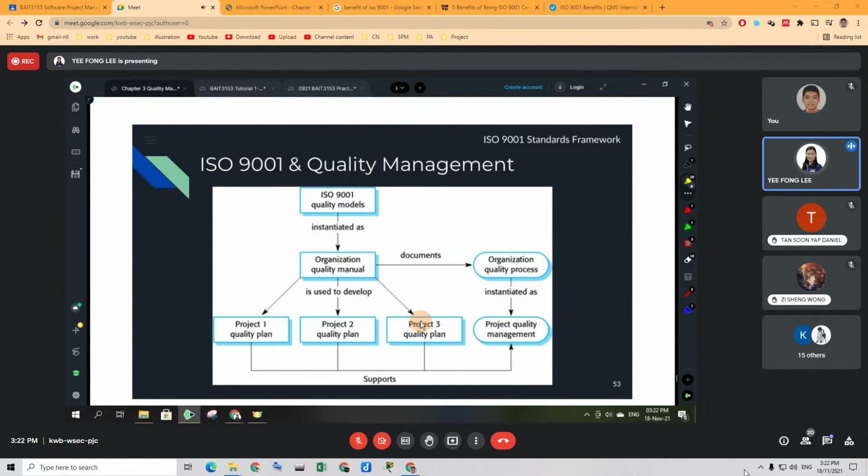I repeat, some software customers demand that their software supplier must be ISO 9001 certified. Customers will feel more confident if the software development company has been approved with a quality management system in place. In general, when a company has ISO 9001, they feel better and more confident about the company.